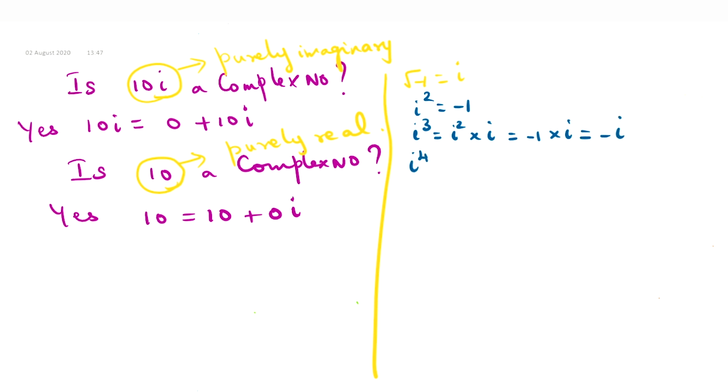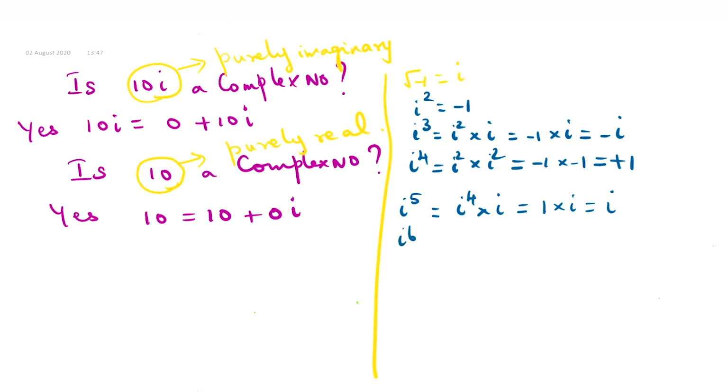What is i power 4? i square into i square, so that is equal to minus 1 into minus 1, that is plus 1. Right? So if you find the value of i power 5, I can write it as i power 4 into i. So that is equal to 1 into i, that is i.